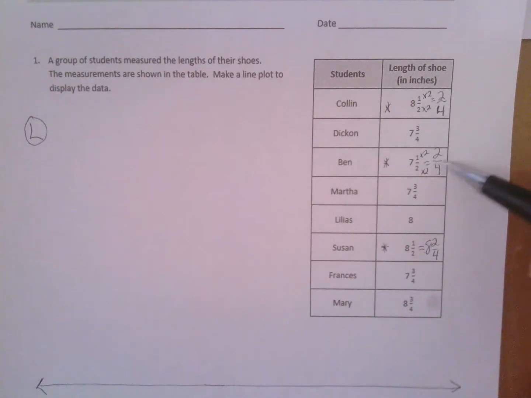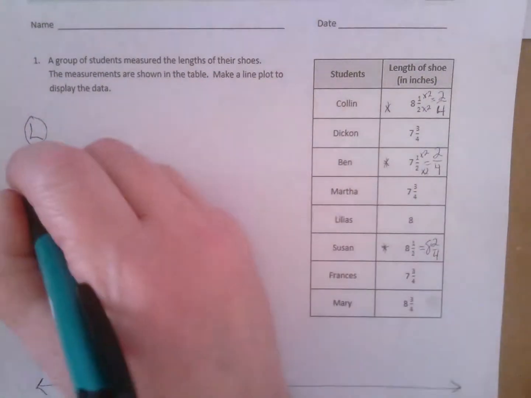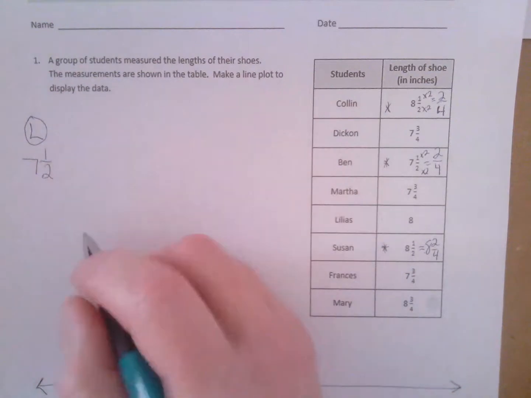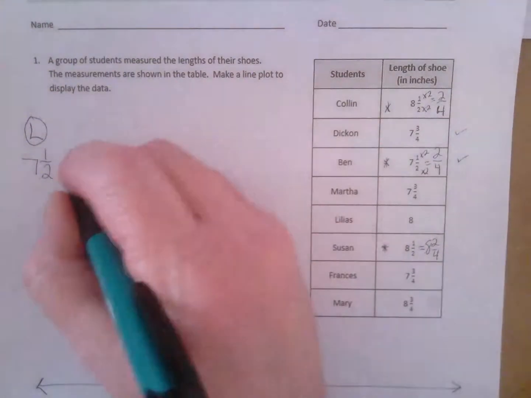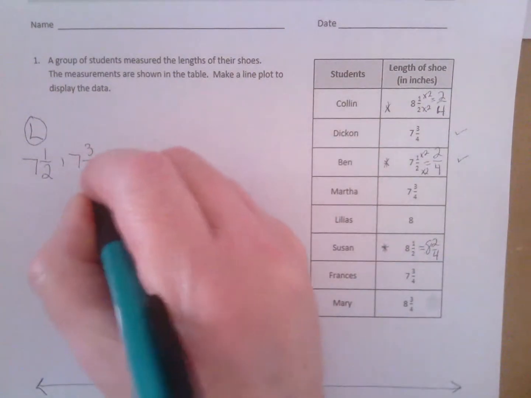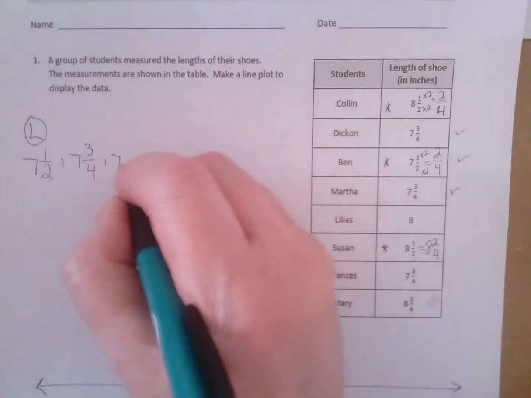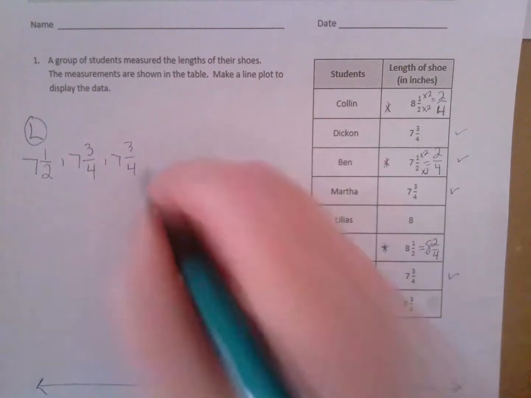So I'm going to put 7 2/4, which originally was 7.5. So I'm going to use the original numbers. So I have 7.5. And then the next one would be 7 3/4. So 7 3/4. And I have another 7 3/4, and another 7 3/4.